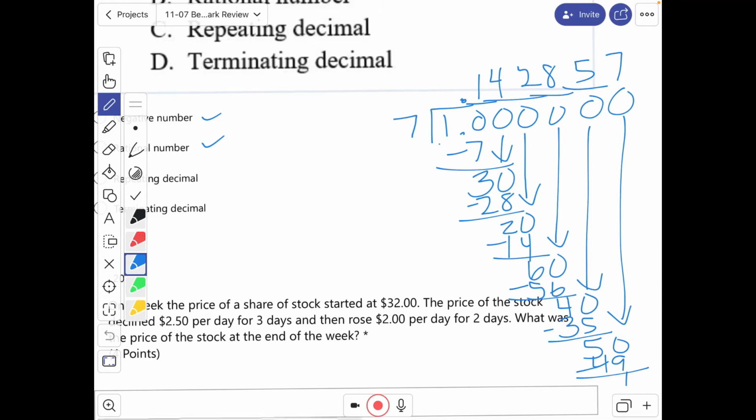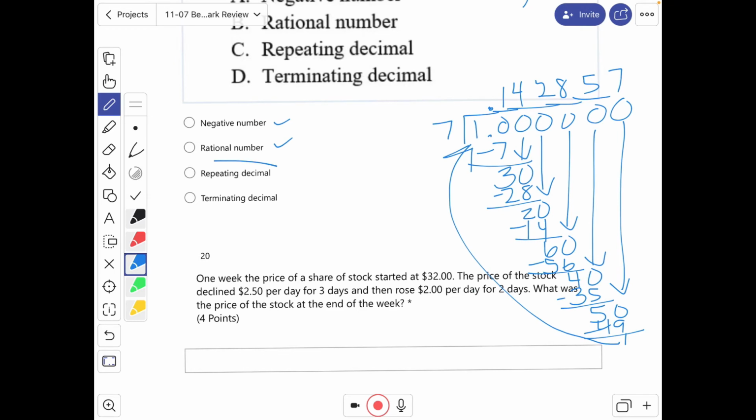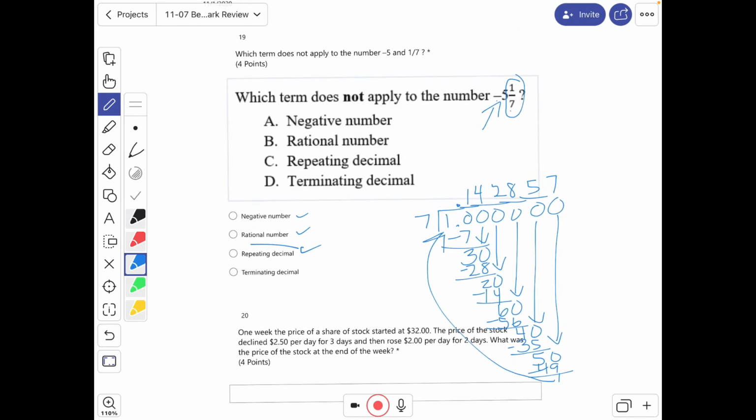Wait, we started with 1. So that means the whole pattern's about to repeat. That is a huge number, but it is just a repeating decimal. Since it's a repeating decimal, the question asks which one it is not. That makes it not terminating.